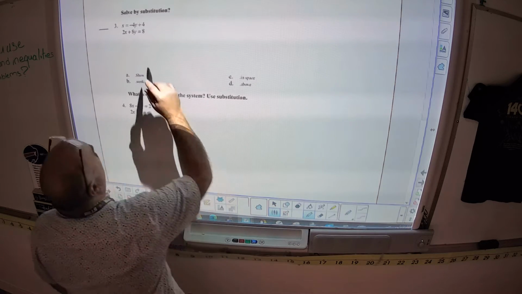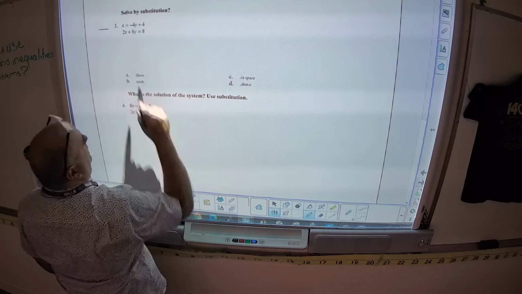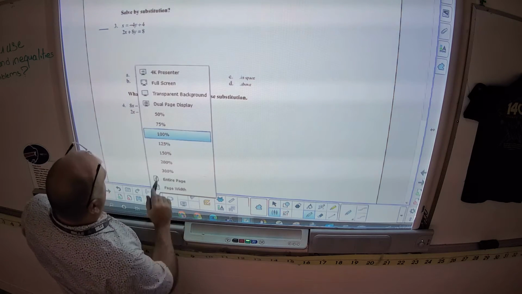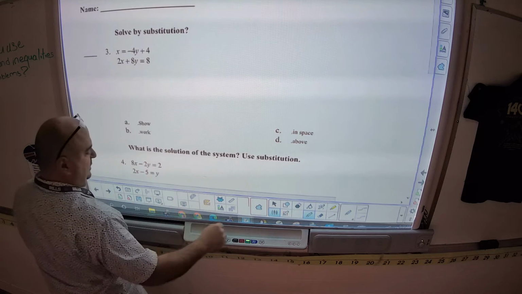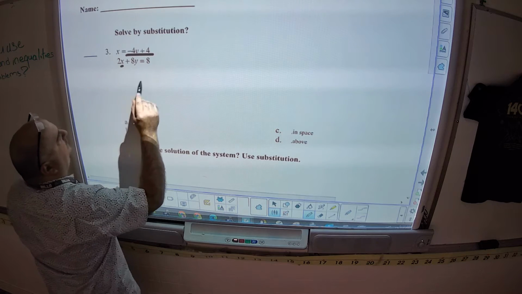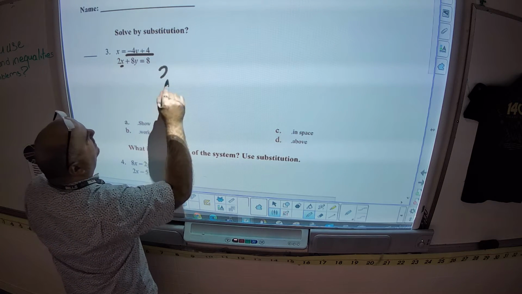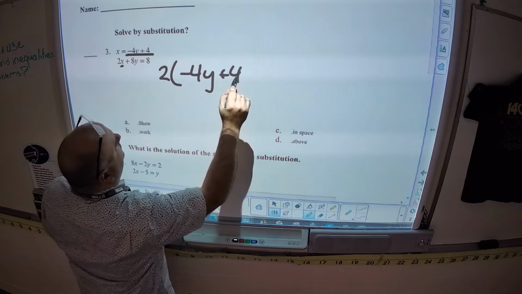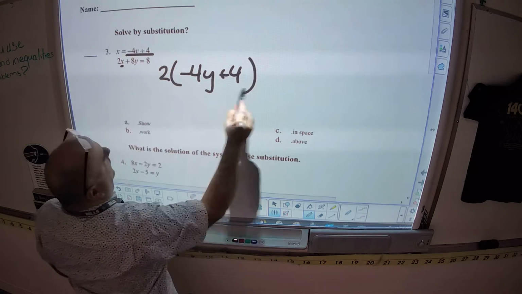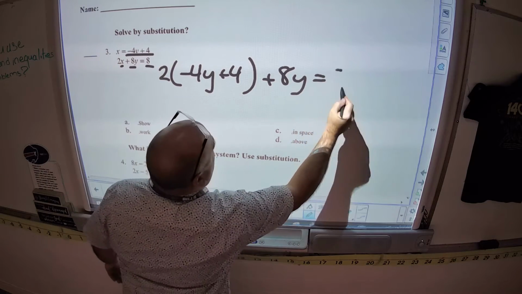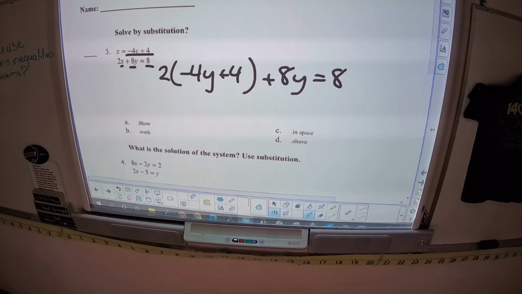Looking at the next page, solve by substitution. Again, my x is by itself here, so I can just sub in my x value into this one here. I still have that 2 there, so I write 2 parentheses -4y plus 4. And then I still have the 8y equals 8 left in there.